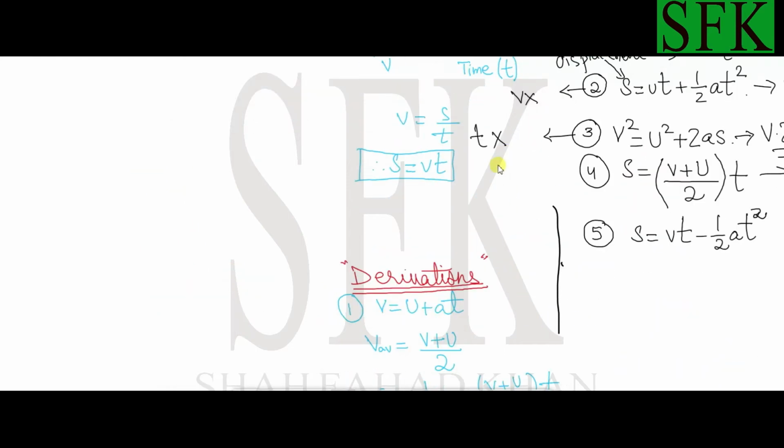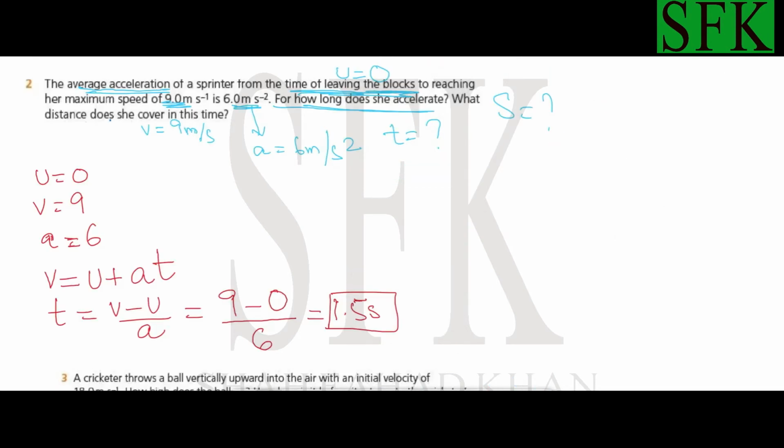Now let's find the distance that she has traveled. We have the time, we have the acceleration, and the initial and final velocities. We can just use the formula s is equal to ut plus half at squared. u is 0.